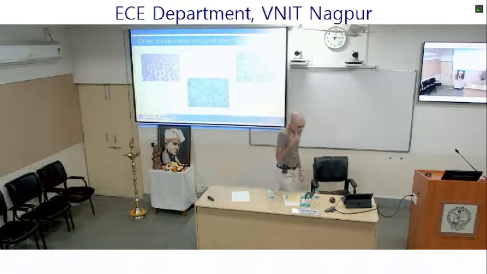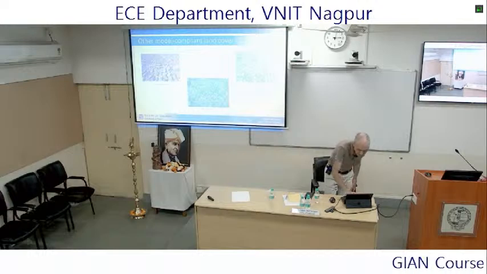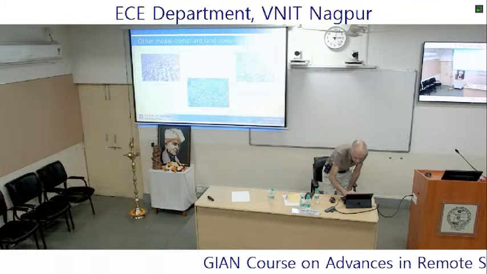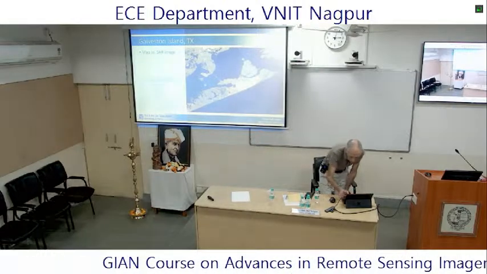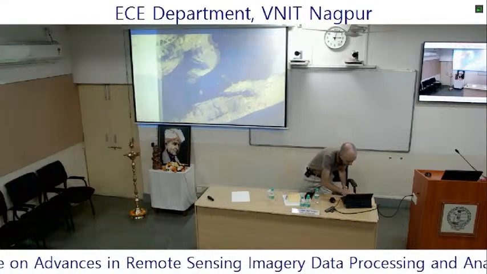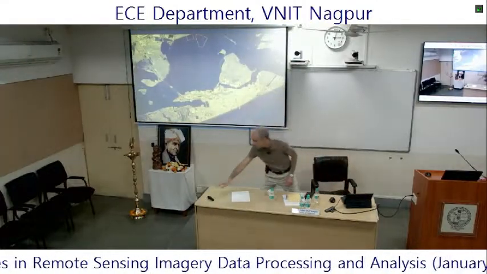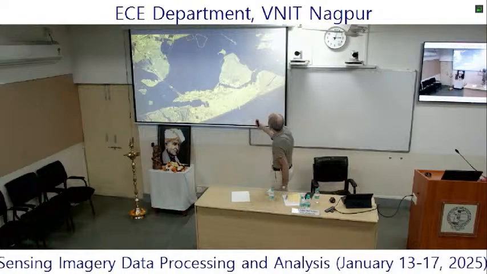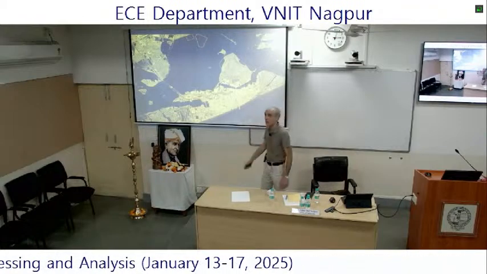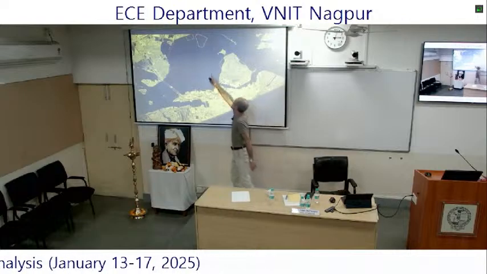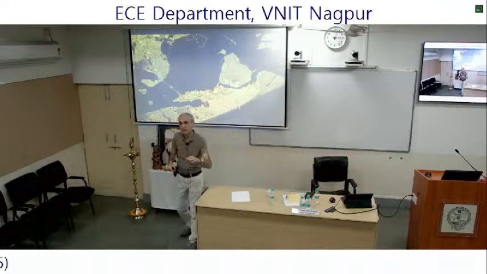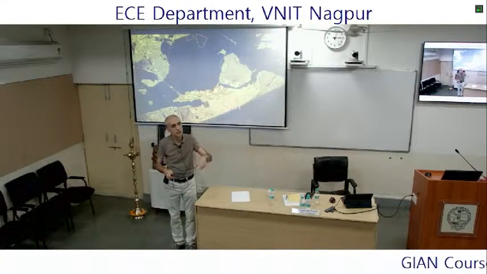So the good news is that even in this image here, this is speckle noise. This is not speckle noise. This is an object. This is especially interesting if you want to do object detection.